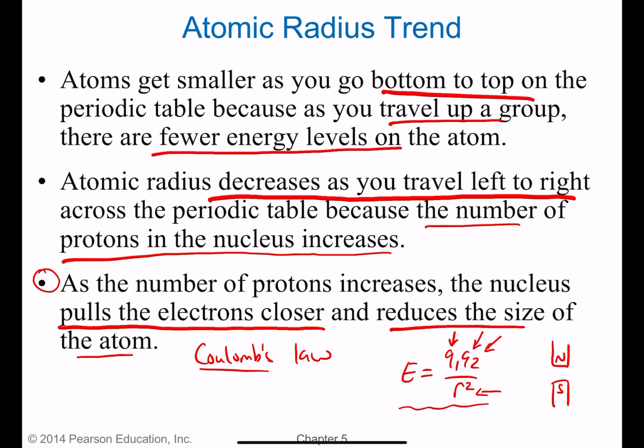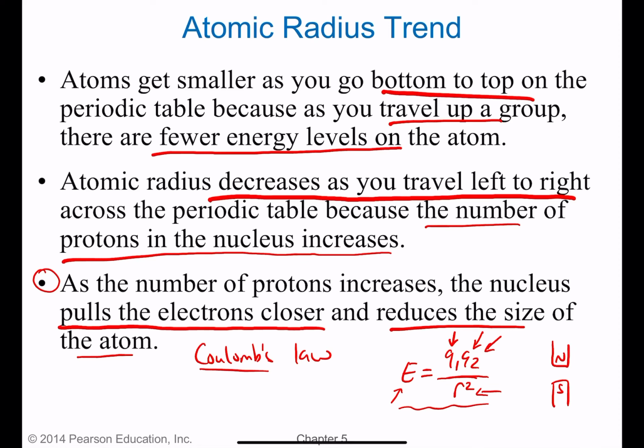R squared: R is kind of like the radius of the atom, or you can think of it as the distance between the two charges in the numerator, and then it's squared. And E is kind of like how tightly they're being pulled, or how strong that attraction is.